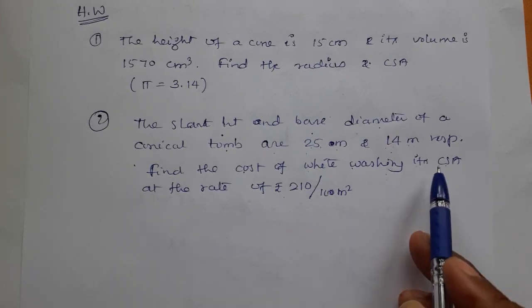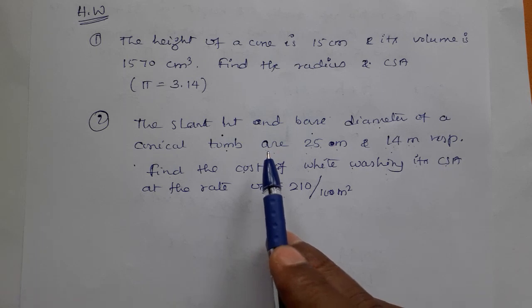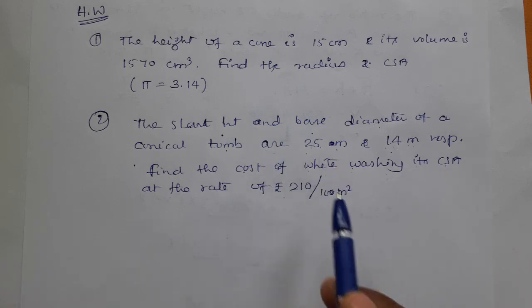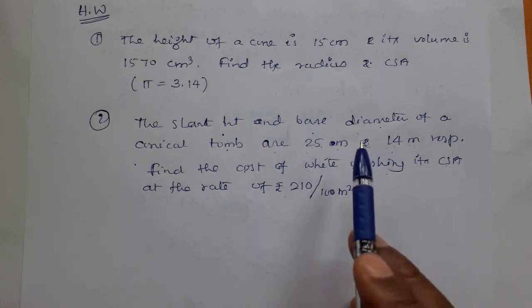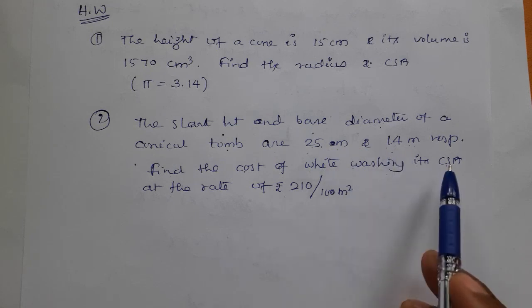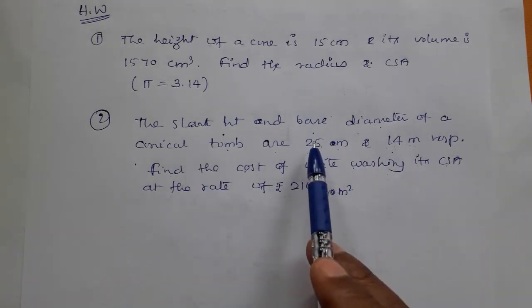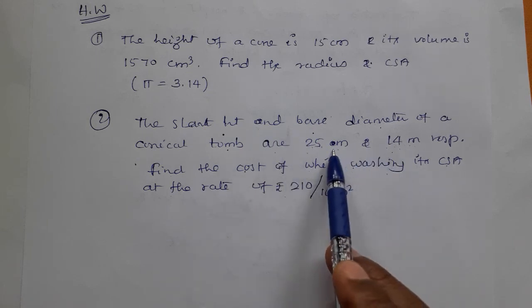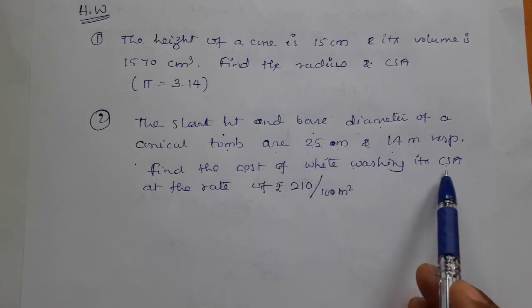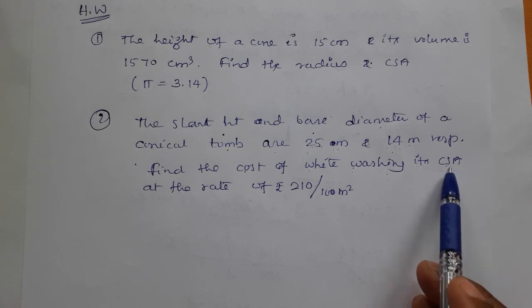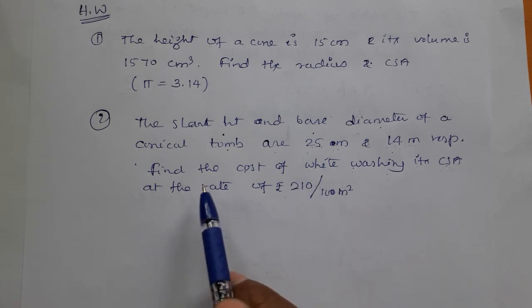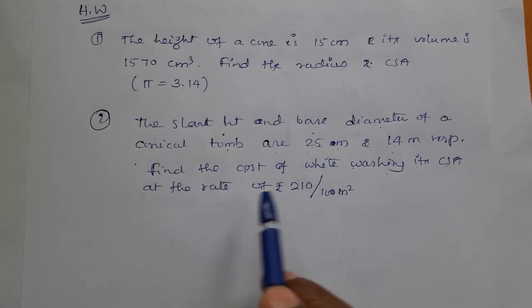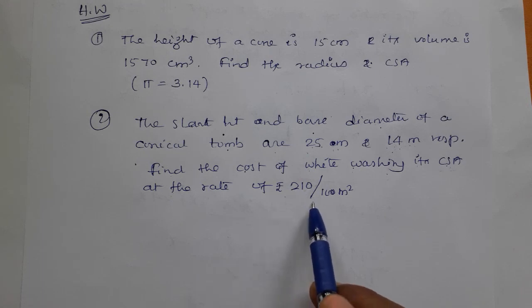Curved surface area is pi RL. In that pi value substitute as 22 by 7 only, because pi value is not given. Radius is 7 meter and L is slant height, that is 25. Using these two, curved surface area find out. After finding curved surface area, you can multiply the rate, that is 210 per 100 meter square.